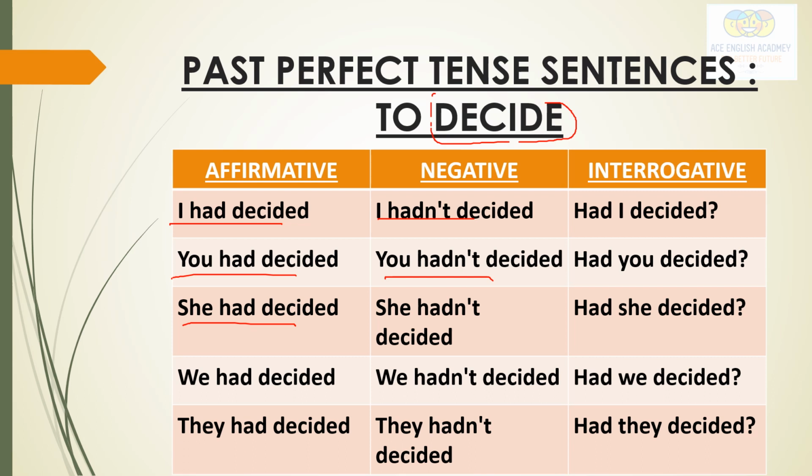Had not can be pronounced as hadn't, the contracted form of had not. So, had I decided? Had you decided? See here, the sign of interrogation. Clear? Go through all the sentences.